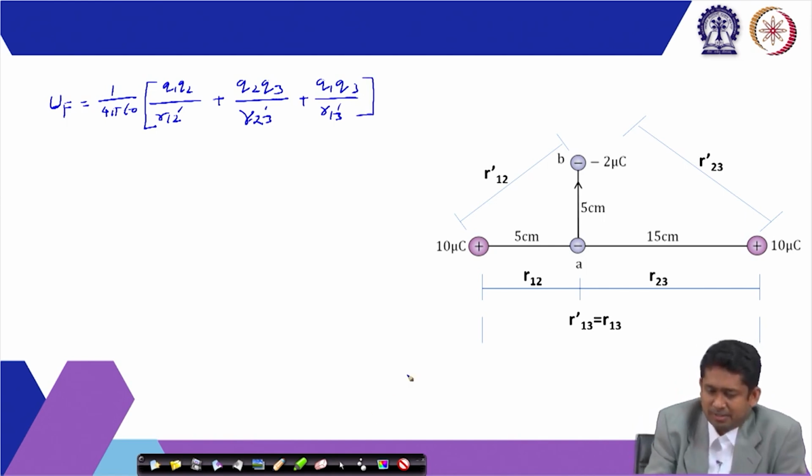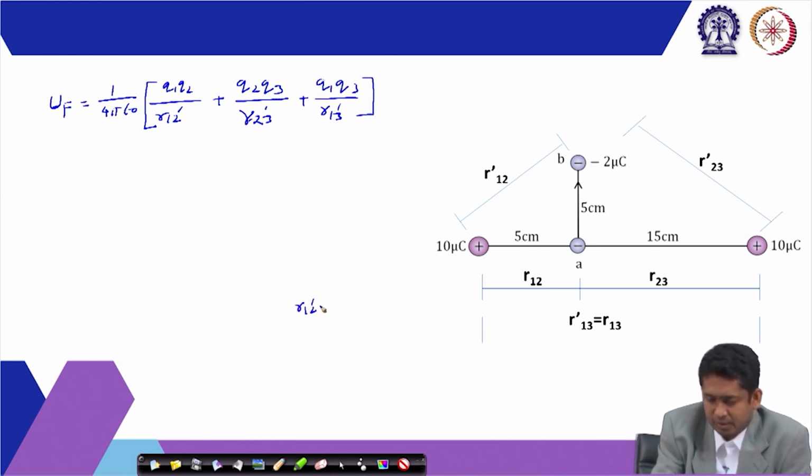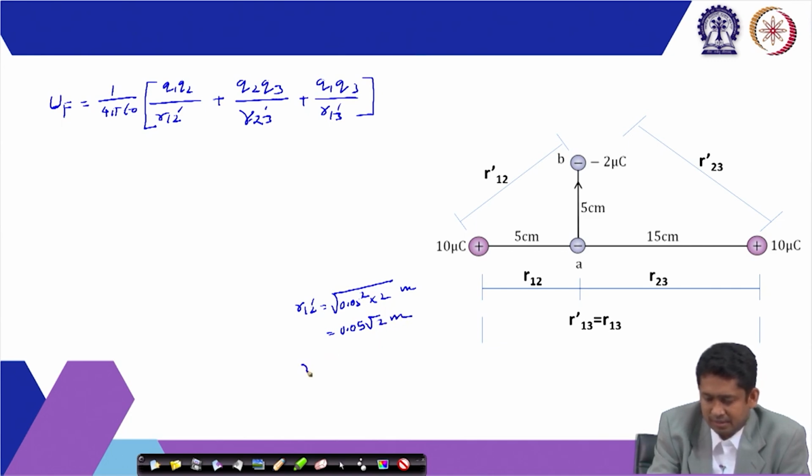Now, R12 prime is multiplied by 2 meter, which gives us 0.05 meter.